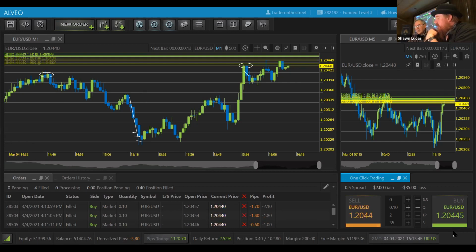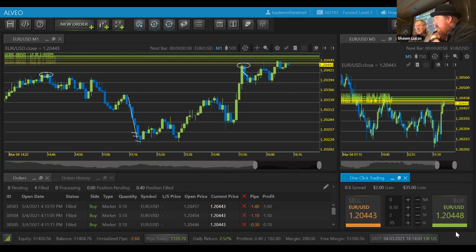Okay, this is where we can hope to see a little momentum come in. Don't want those sellers pushing it back down. We want the buyers to overwhelm them. Okay, we got a little bit of momentum, not what I was hoping for. A little chance on that second candle to follow through.